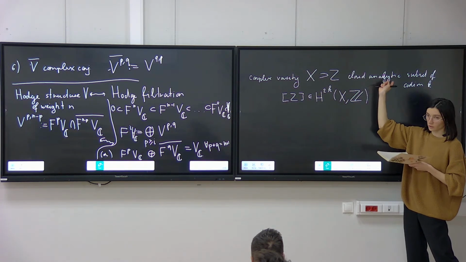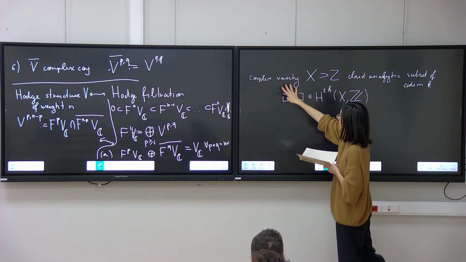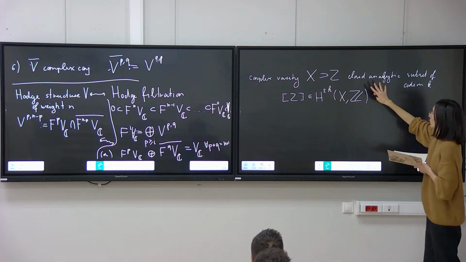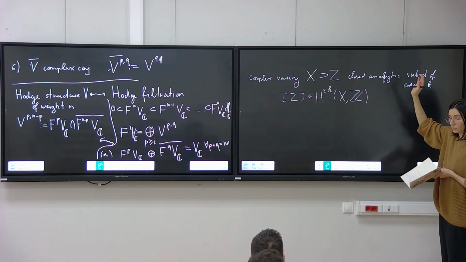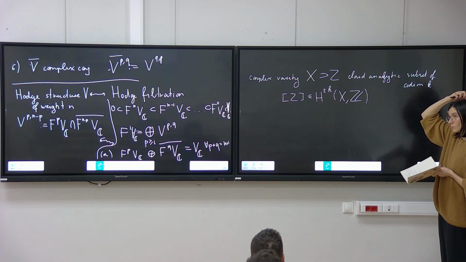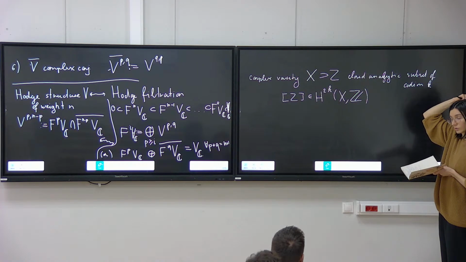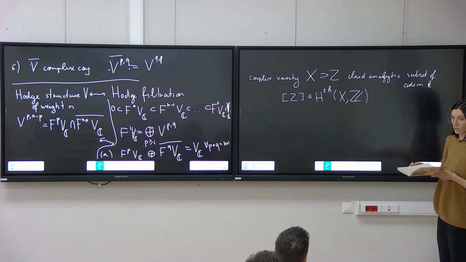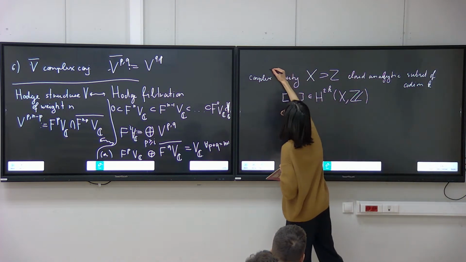Okay, this is what an analytic subspace is. When we consider algebraic varieties, we consider closed algebraic cycles. These are irreducible subschemes of codimension k. If we don't require X to be compact, then there can be no fundamental class, right? Okay, let me continue here.